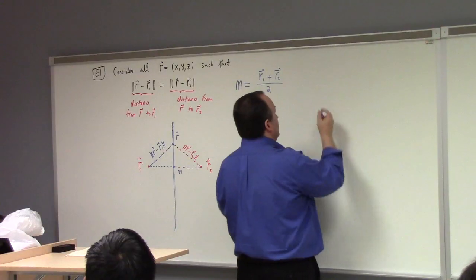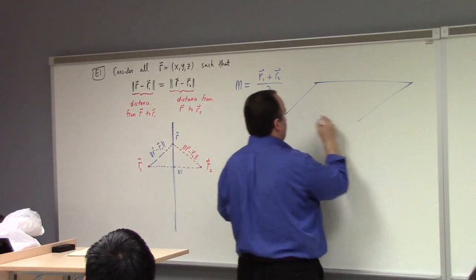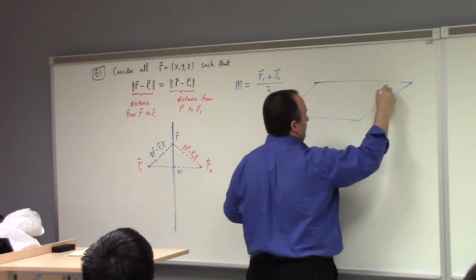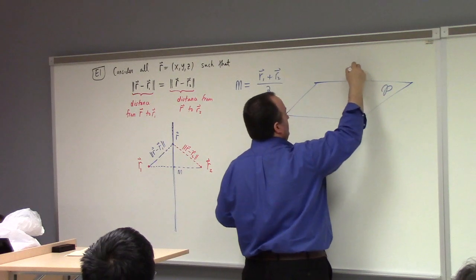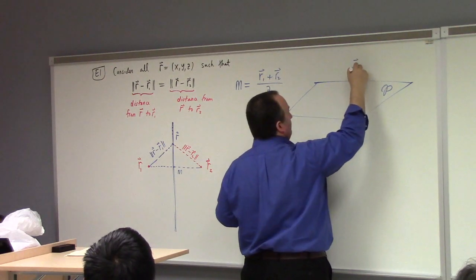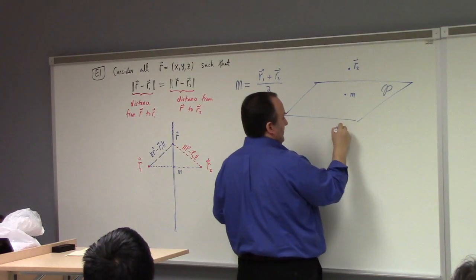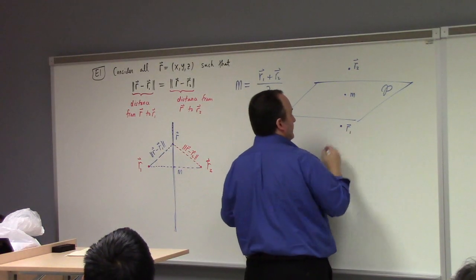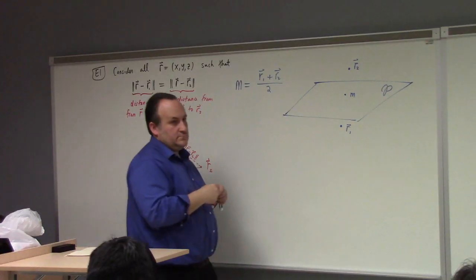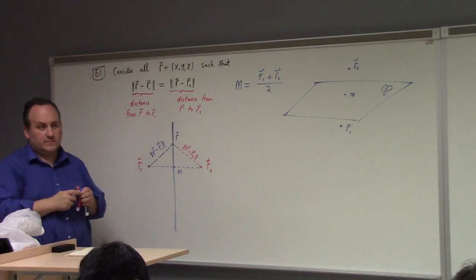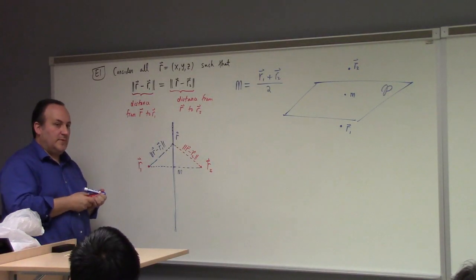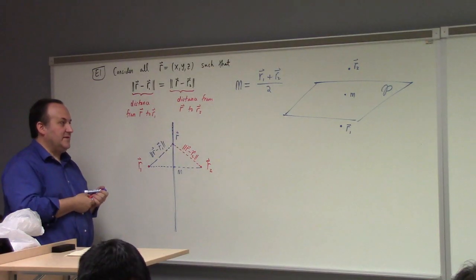What would the equation of the plane be? So if I draw it like this, here's the plane. We've got this point, let's say R2 up here. Midpoint's on the plane, and then R1's down here somewhere. How would you go about finding the equation of that plane?